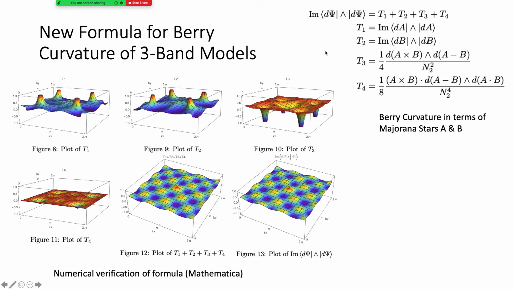Previously, physicists understood the Berry curvature of spin 1 states as the formula on the left. This formula is easy to compute, but it doesn't have a nice geometrical picture to it. You don't understand it geometrically. The formula that I developed is a sum of four terms, and it is beautiful because it is written in terms of the two spheres.